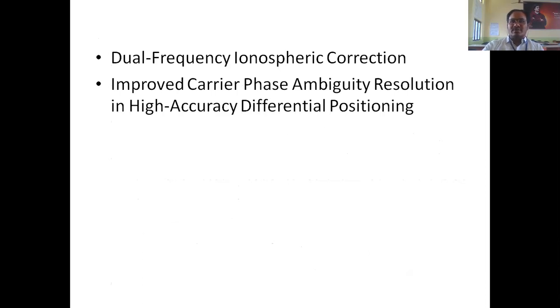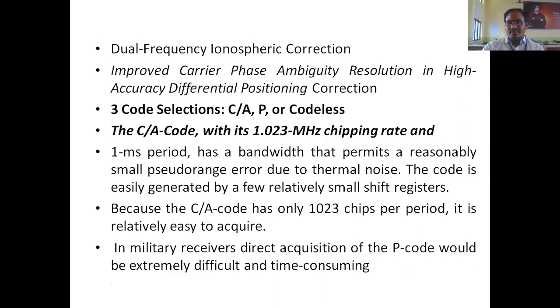And one more advantage, dual frequency ionospheric correction. Second is the improved carrier phase ambiguity resolution in high accuracy differential positioning. So what is dual frequency ionospheric correction, and what is improved carrier phase ambiguity resolution in high accuracy differential positioning? Ionospheric delay means propagation delay, because the ionosphere is filled with a lot of particles.